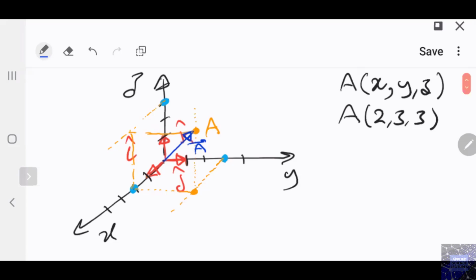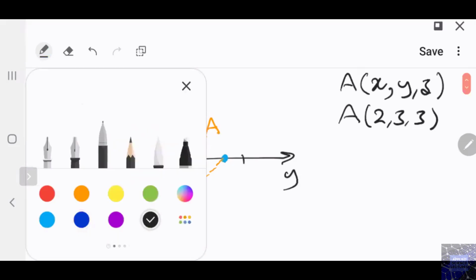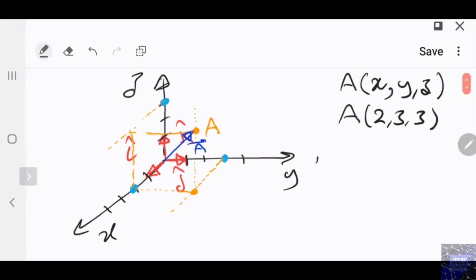Now this vector A can be written in terms of those coordinates on the x, y, and z, in terms of the unit vectors that those axes have.